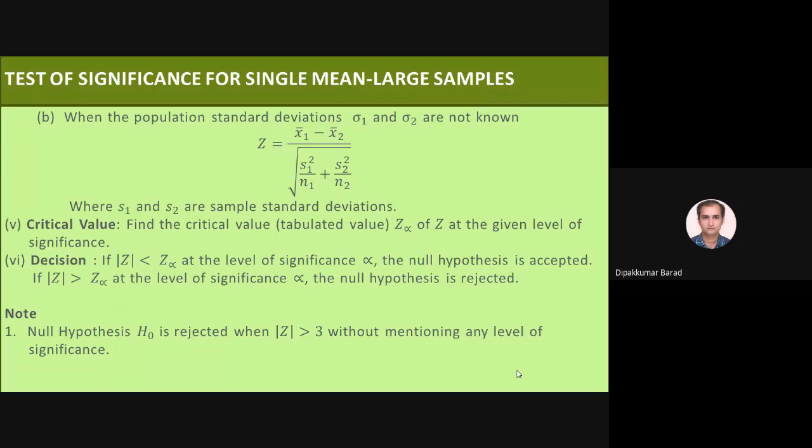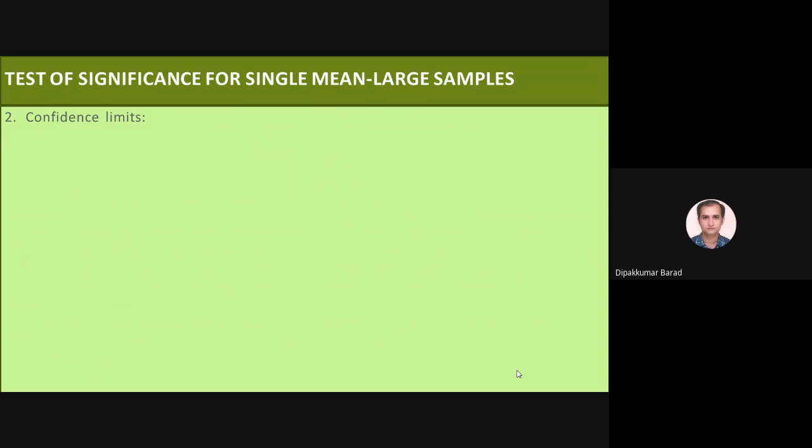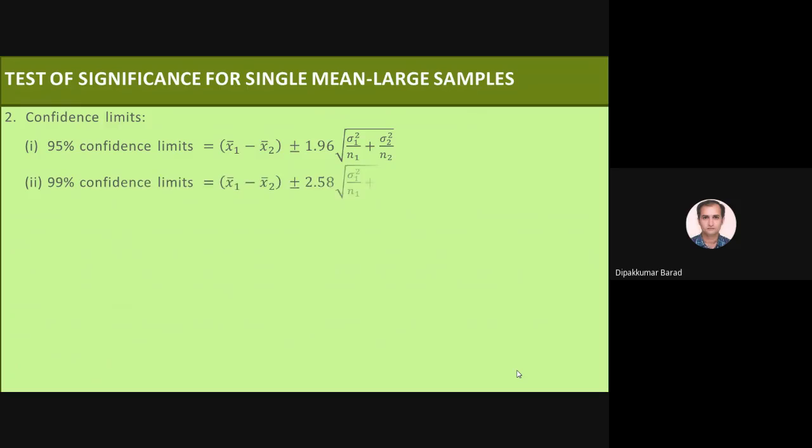Okay. Now confidence limits. We also discussed 95% confidence limits, formalized here as x1 bar minus x2 bar plus or minus 1.96 under root sigma 1 square upon n1 plus sigma 2 square upon n2.